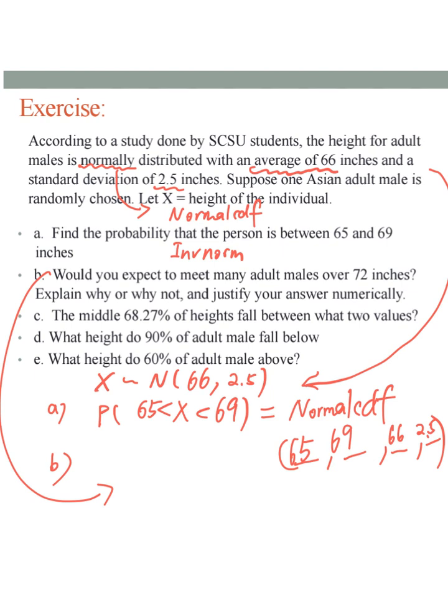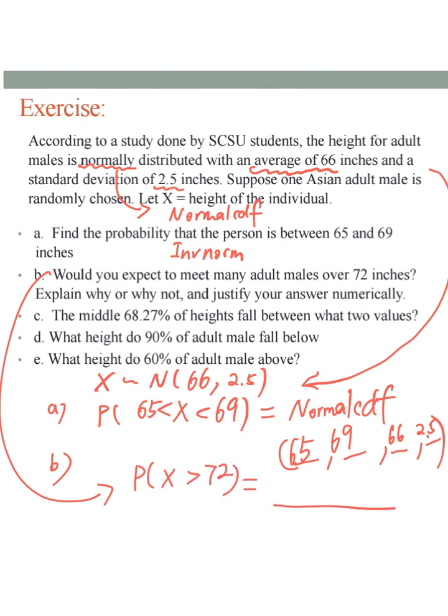If the chance is big, then we expect to meet many adult males over 72 inches. If the chance is very small, then we will not expect to meet many. Did that make sense? So this question is equivalent to, could you find the probability for x bigger than 72?